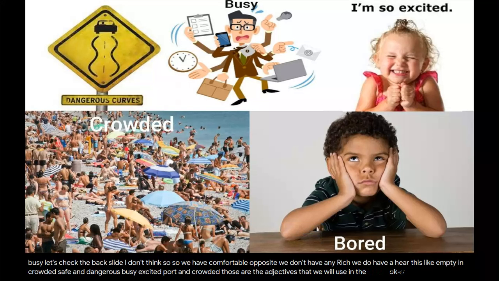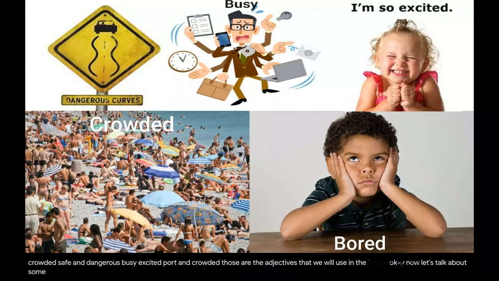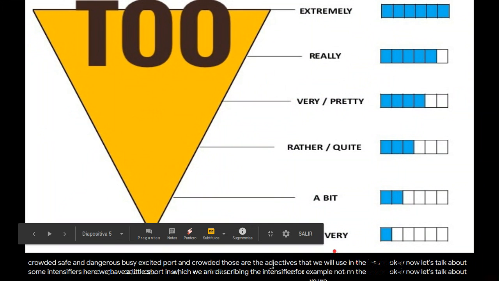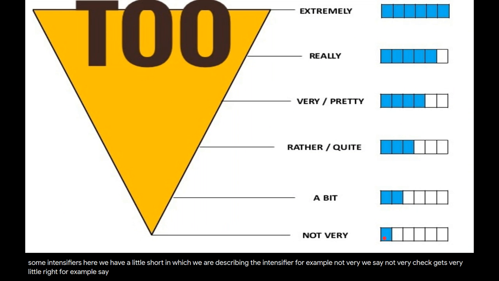Okay, now let's talk about some intensifiers. Here we have a little chart in which we're describing the intensifiers. For example, not very. If we say not very, it's very little, right? For example, we say, this seat is not very comfortable. And that's true.